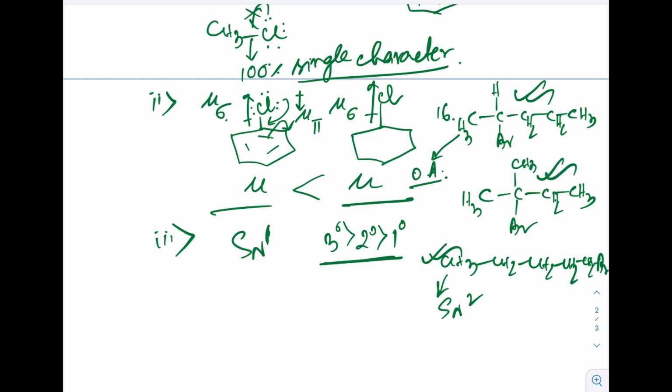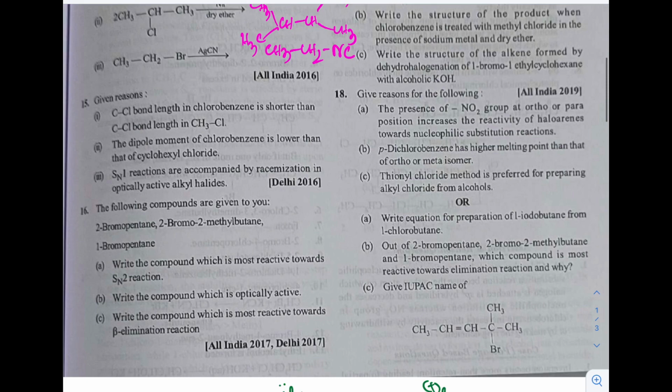So this one is the answer, 2-bromo 2-methyl butane. This is most reactive towards beta elimination. This is the answer of C. It's done.